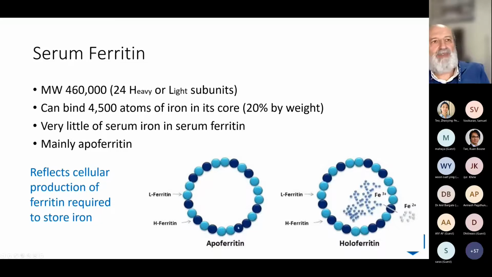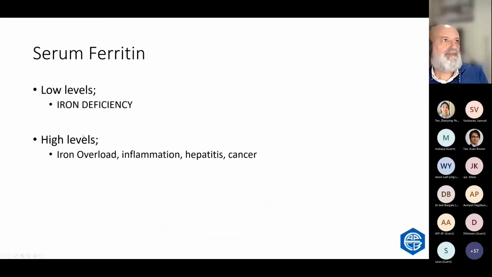It's usually just the apoferritin, the empty proteins. But it still reflects ferritin production, which is triggered by iron stores. So low levels of serum ferritin can only mean one thing: iron deficiency. But high levels of serum ferritin can be due to iron overload, inflammation, hepatitis, or cancer, things that can release ferritin from the tissues without necessarily a high level of iron.